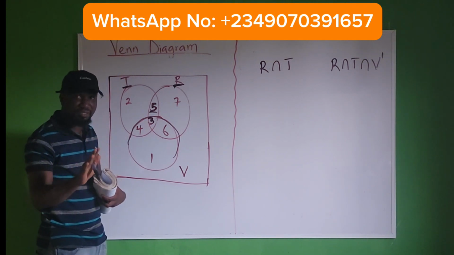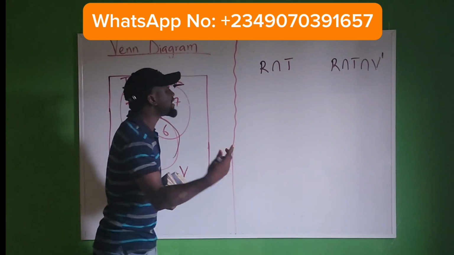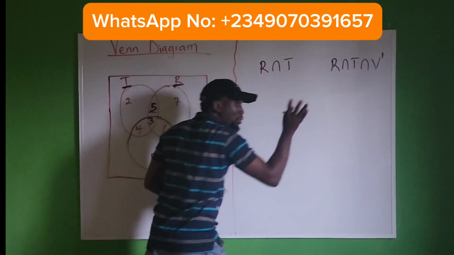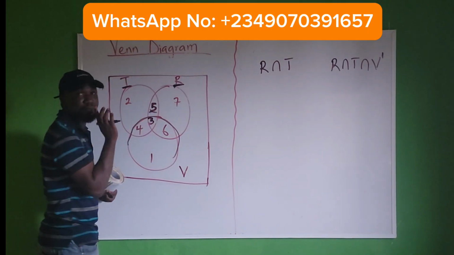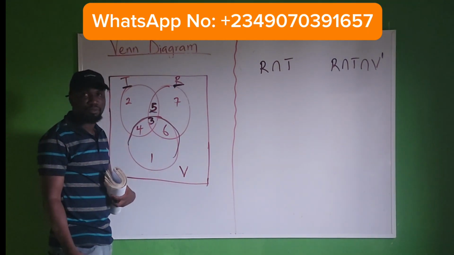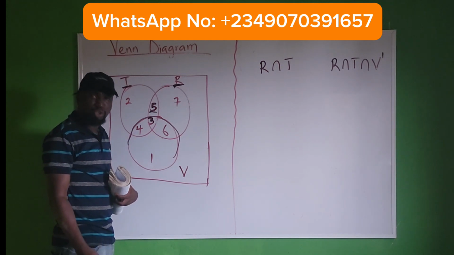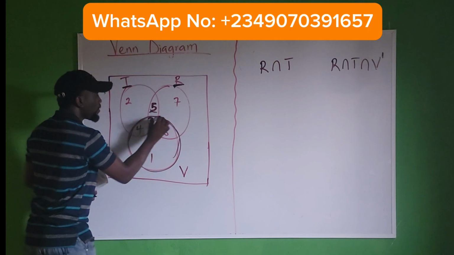Am I making some sense now? If the question said find radio and television only, that is, we are excluding video, then it's going to be 5. But we are not going to exclude that of video.